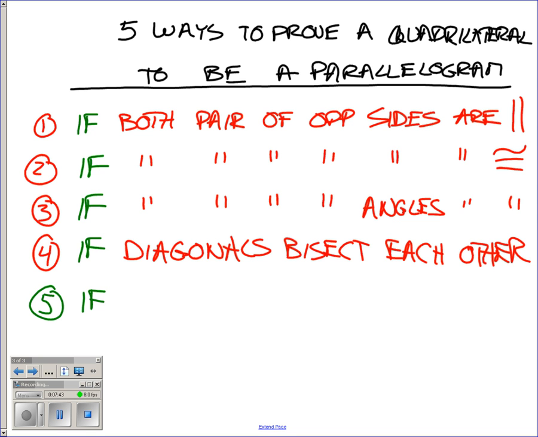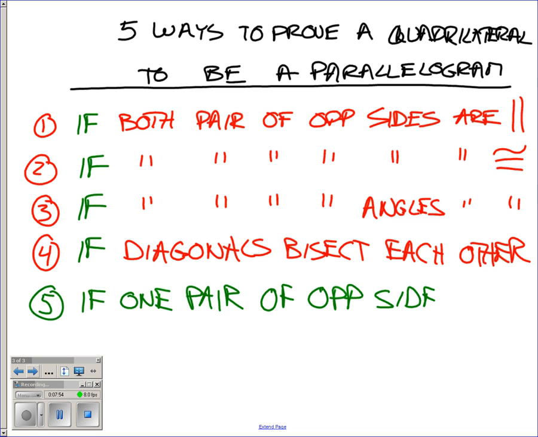If one pair of opposite sides is both parallel and congruent. If you can show that one pair of opposite sides is both parallel and congruent, then the other pair of sides is also going to be parallel and congruent.